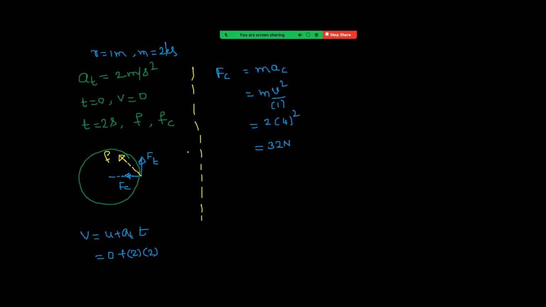Okay. Next he's asking frictional force. Frictional force means it is now net force, right? So net force, in circular motion, net force equal to resultant of centripetal force and tangential force, right? So square root of sum of the squares. Okay. We got now centripetal force.